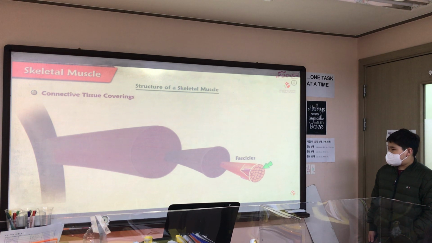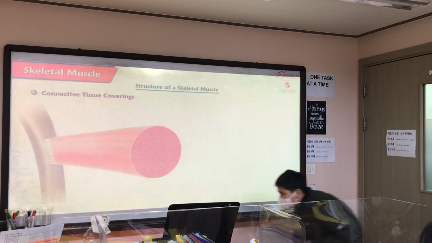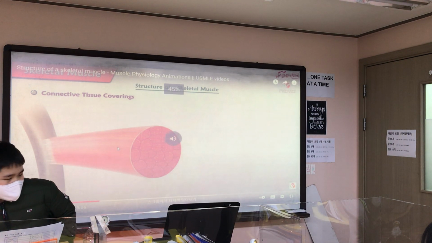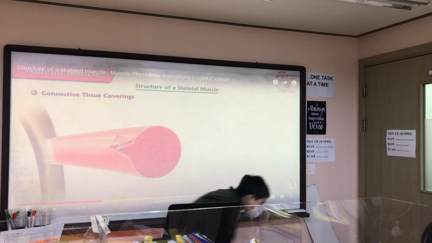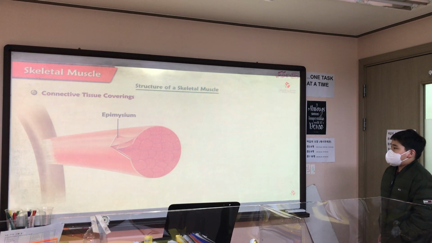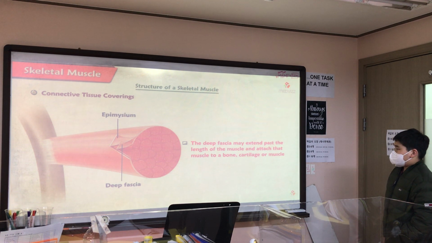Each fascicle is wrapped in a second layer of connective tissue made of collagen called perimysium. Many fascicles are bundled together to form a skeletal muscle. Each skeletal muscle is covered by a third layer of dense fibrous connective tissue called epimysium. Each skeletal muscle is then covered by a fourth, very tough fibrous layer of connective tissue called deep fascia. The deep fascia may extend past the length of the muscle and attach that muscle to a bone, cartilage, or muscle.